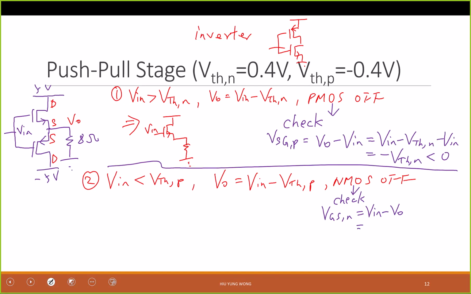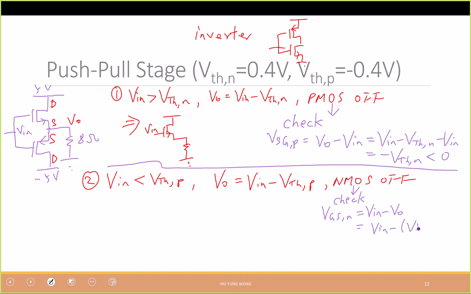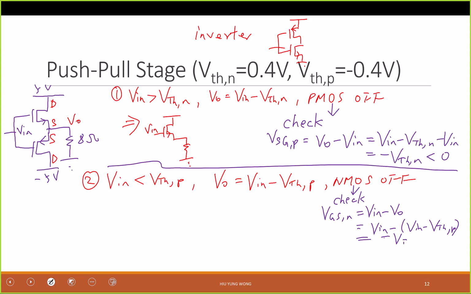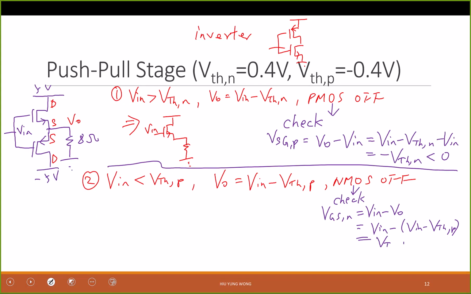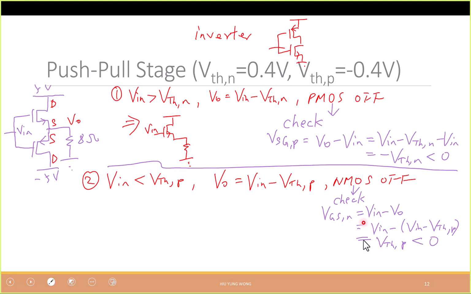And then again, I claim that V out equals V in minus VTHP. So this is equal to negative VTHP. But remember VTHP is negative, so this is smaller than 0, right? So again, if my input is less than the threshold voltage of PMOS, NMOS is off.